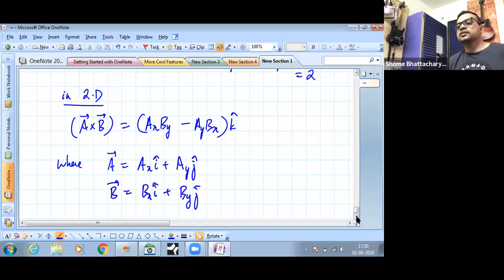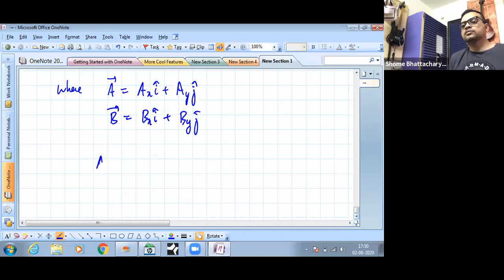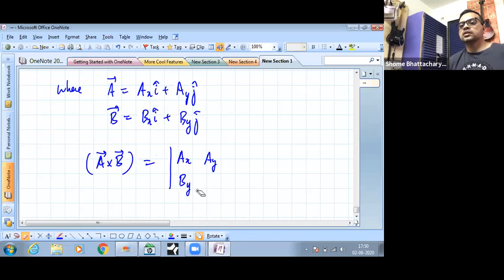You can also see here that this term that we had written above is like the determinant of this 2 by 2 matrix. What will be in its first row? A's components will be there, and in the second row, B's components, in correct order, Bx and By.